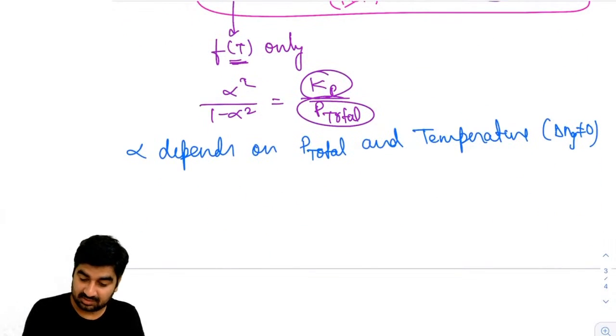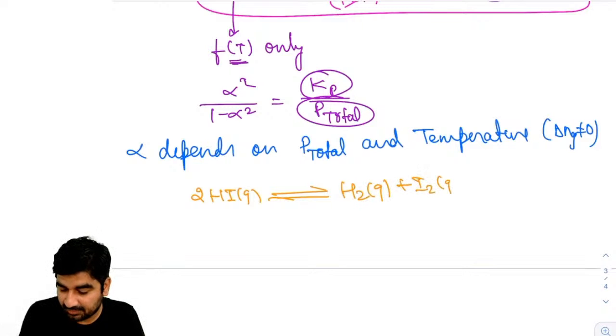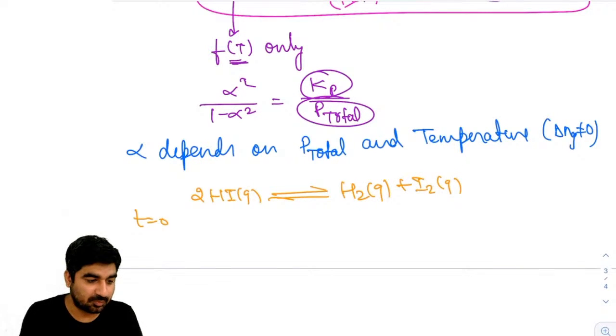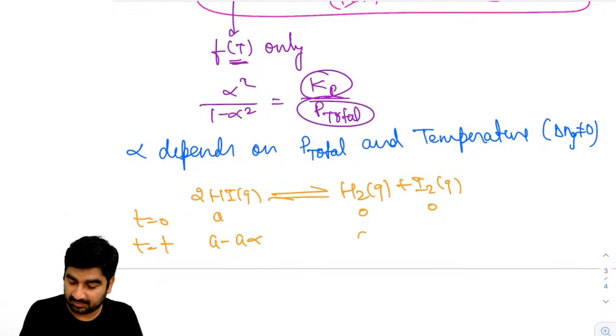Because, guys, let me take one more reaction here. If I take 2HI gas converting into H2 gas and I2 gas, at time t equal to 0, this is a, this is 0, this is 0. So what will it be? a into 1 minus alpha, a alpha by 2, a alpha by 2.